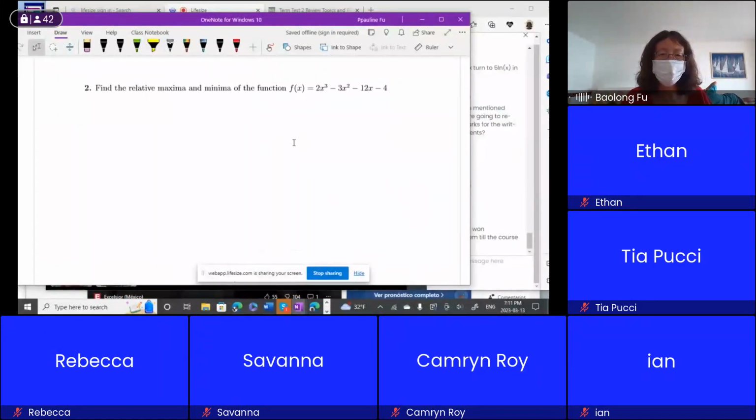Question 2. Find the relative maxima and minima of the function.